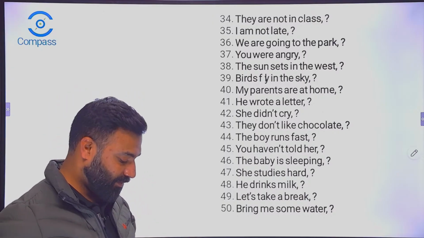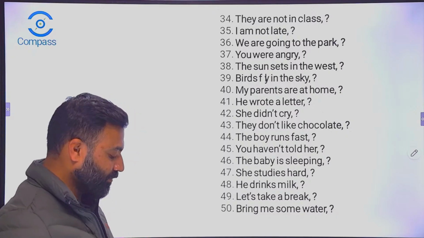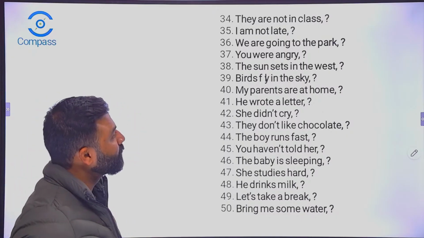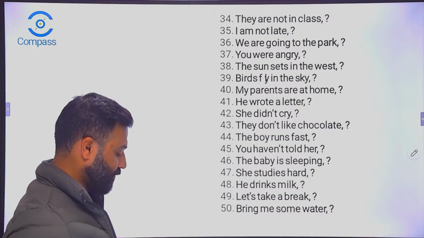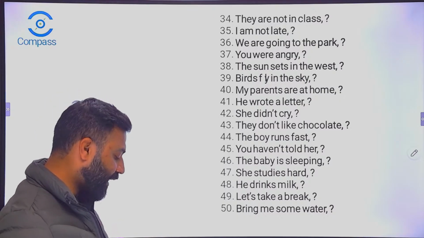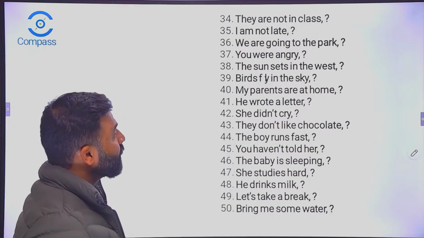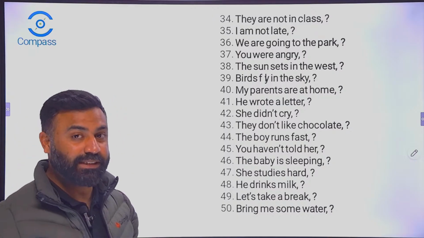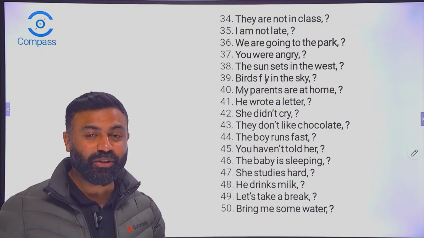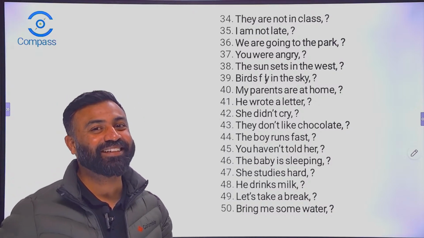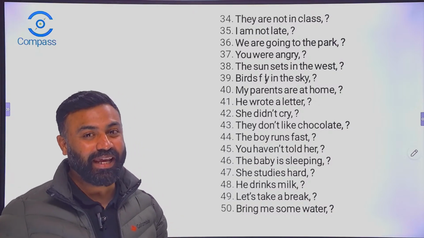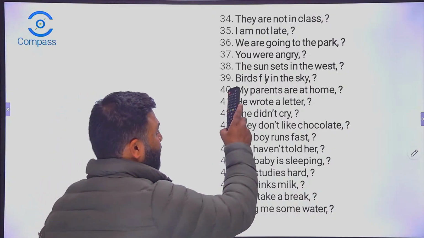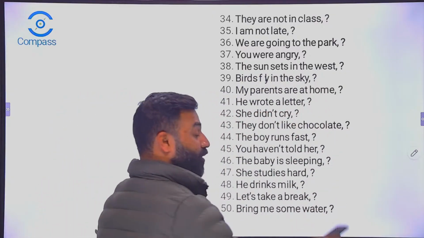Yes, children. Okay, yes, it's the correct answer. Again, the sun sets in the west, isn't it? Right? No, that's not the right answer. We are not going to write down is, because in the question we do not find the auxiliary verb is.